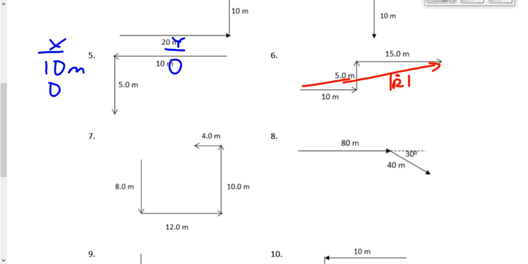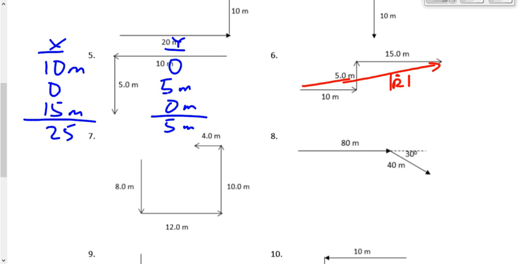And the y component of the 5 is 5. How much of the 15 is x? All of it. How much of the 15 is y? None of it. So let's write down none of it then. 10 plus 15 is 25. 5 plus 0 plus 0 is 5.